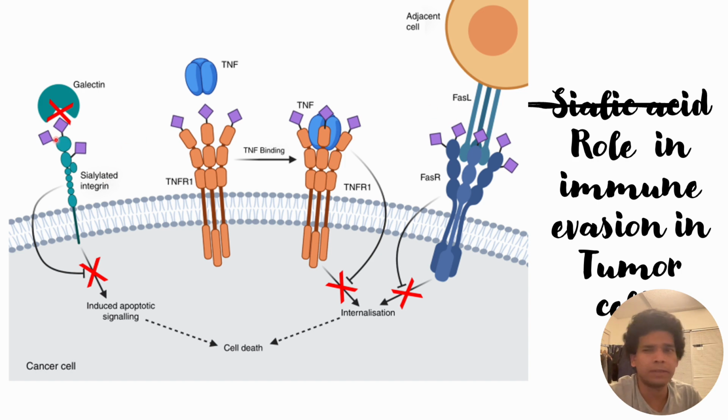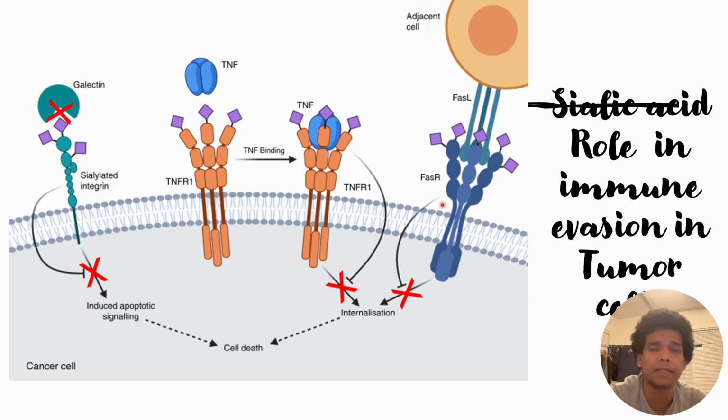The same thing is applicable for galectins. When sialylated integrin is formed because of the hypersialylation in these tumor cells, the galectins will not be able to interact with the sialylated integrin, and thus will not be able to trigger apoptotic signaling within the cells, because the interaction is prevented by the sialylation of the integrin.